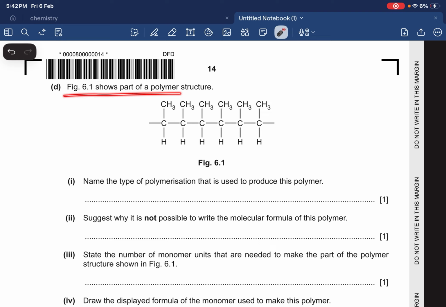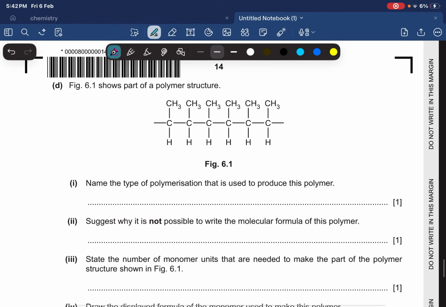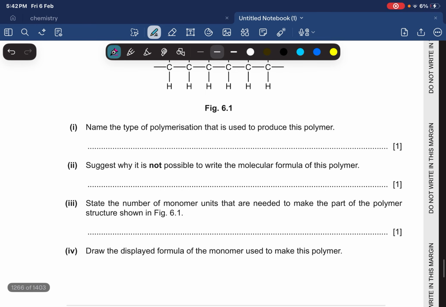Figure 6.1 shows part of a polymer structure. Name the type of polymerization. We're forming a continuous long chain polymer. That's addition polymerization. Definitely we have it in alkenes. Why is it not possible to write the molecular formula for this polymer?